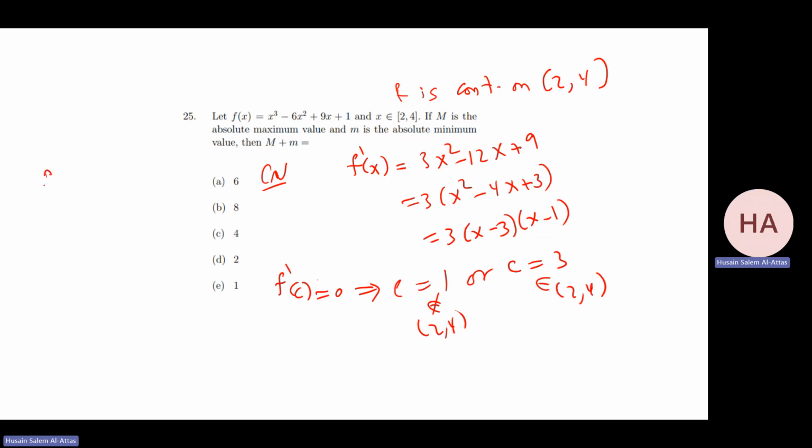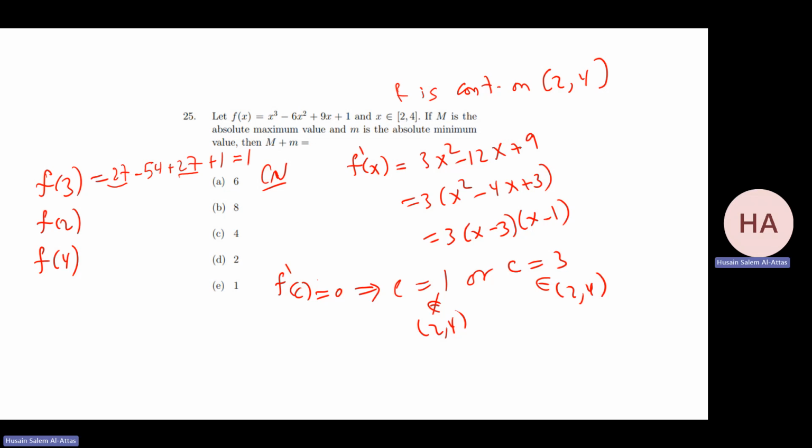So I will check f of 3, f of 2, and f of 4. F of 3, wow. What is this? 27 minus 6 times 9, which is 54, plus 27, plus 1. 27 plus 27, 54 minus 54, 0.